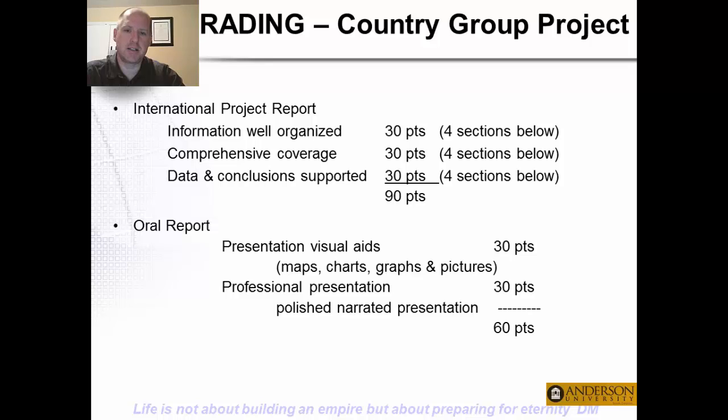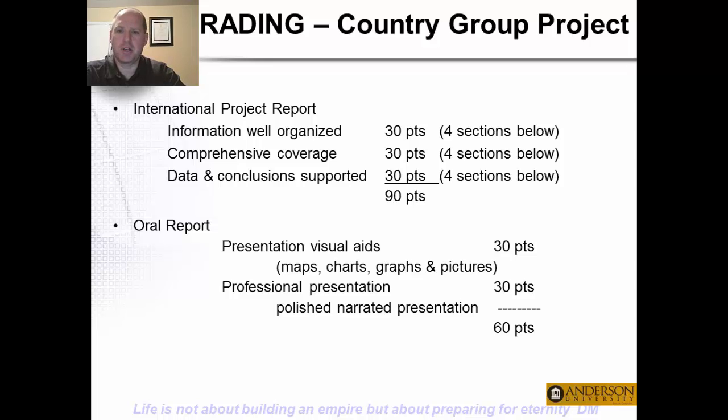The last slide in your presentation really is a reference page, and you should have at least 10 references listed there of where you get your information from. But that's the grading: the organization, how comprehensive or detailed it is, and then whether you have support for your data and your conclusions.